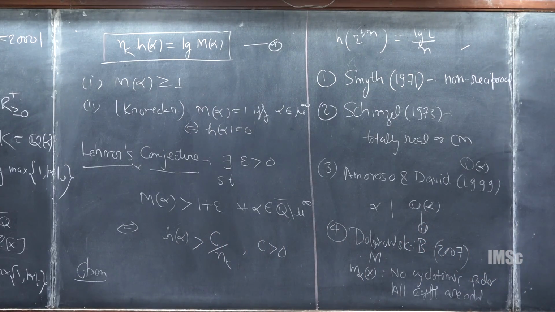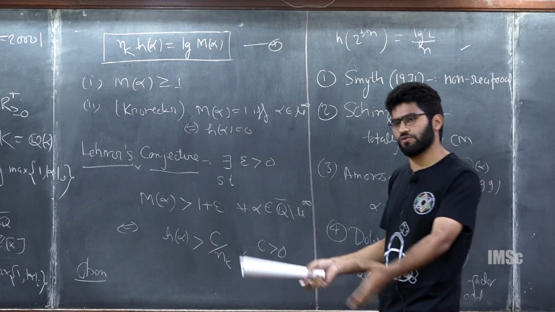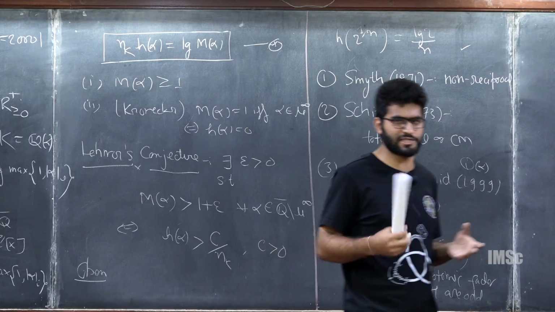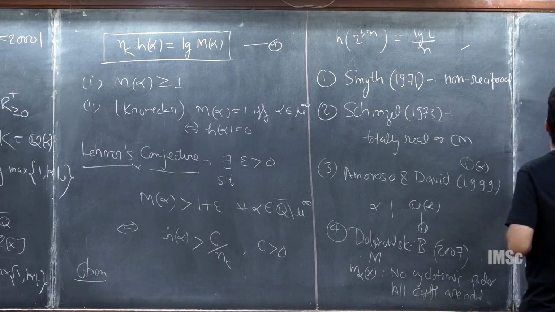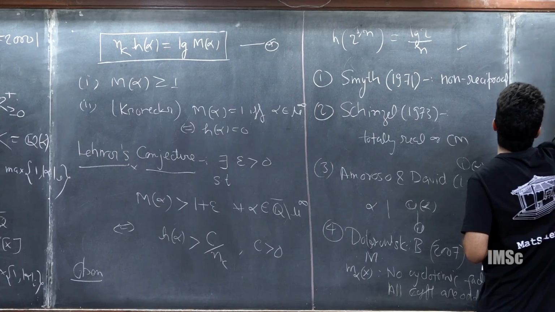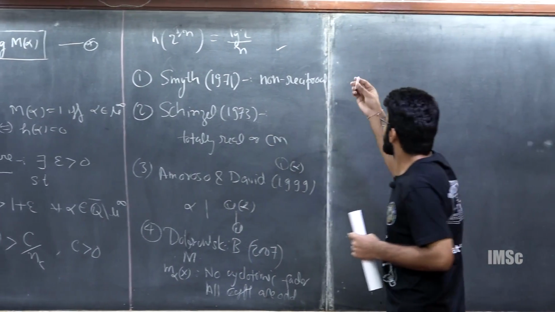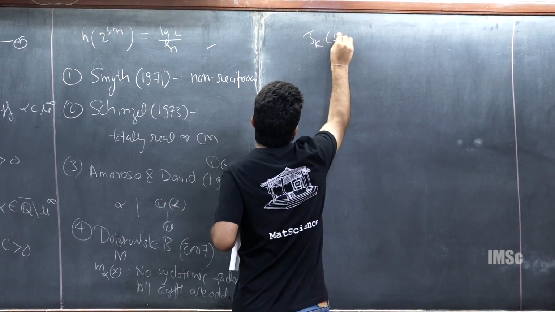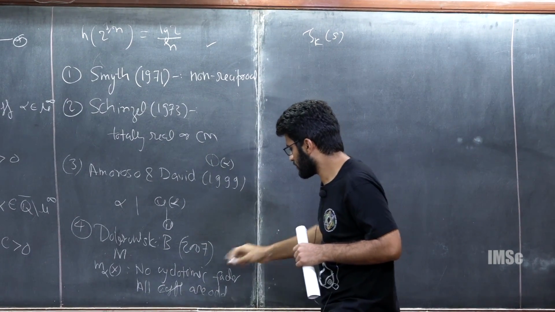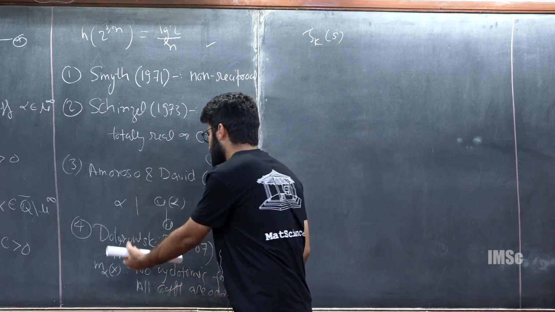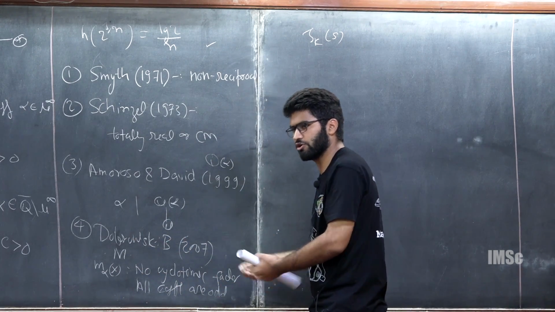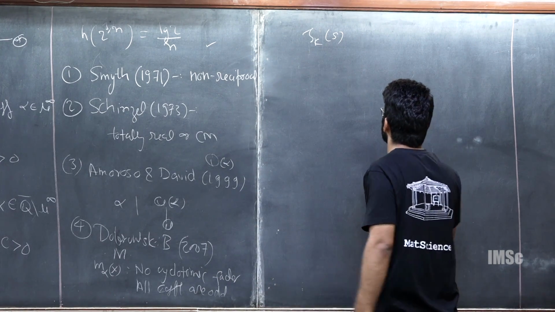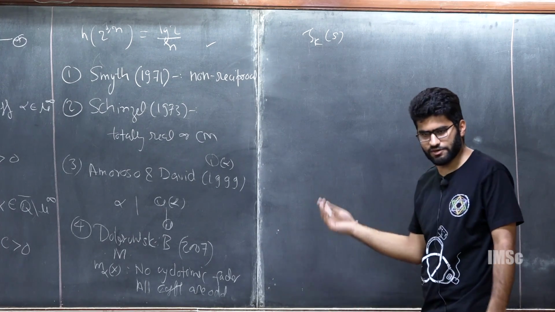In this direction, we have proved some kind of lower bound for height, which gives us Lehmer's conjecture conditionally for a certain class of algebraic numbers. For that, I need to define a few things. Let k be a number field, as we have seen in Dhananjay's talk. Let zeta_k be the Dedekind zeta function.